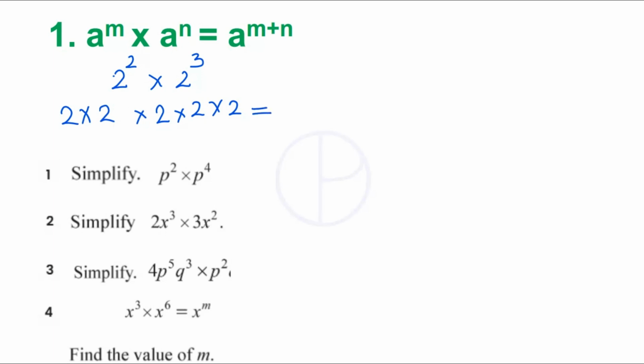This is equal to 5 times 2. By applying the law of indices, when the bases are same, you can add the powers. 2 plus 3 is 2 power 5.